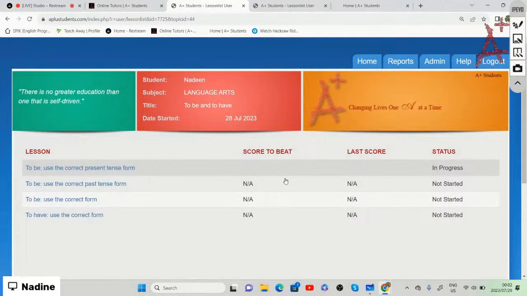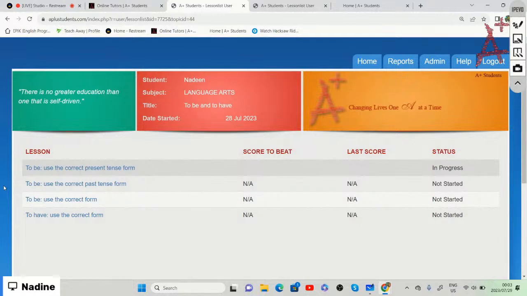The lessons that we are going to be focusing on under the chapter are: the first lesson is to be, to use the correct present tense form, and then to be, to use the correct past tense form, and then also to be, use the correct form, and then to have, to use the correct form. So that is going to be our focus lessons for today under the chapter of to be and to have.